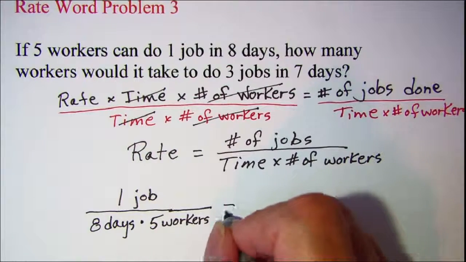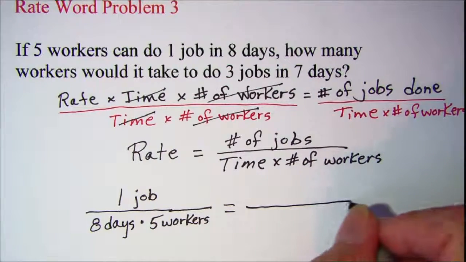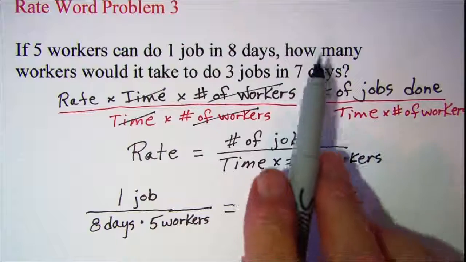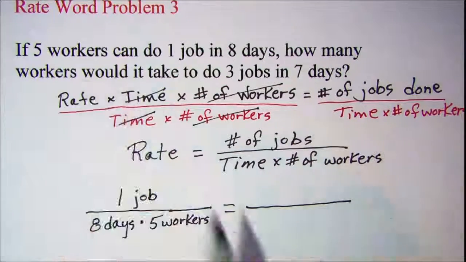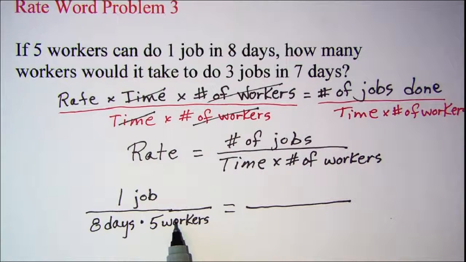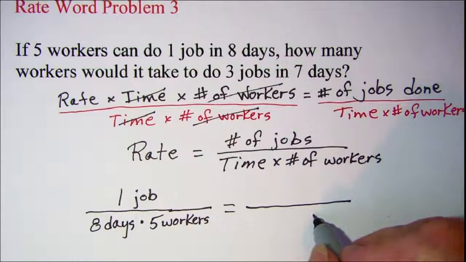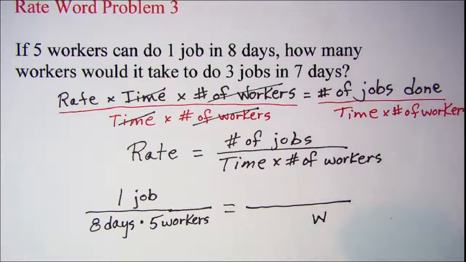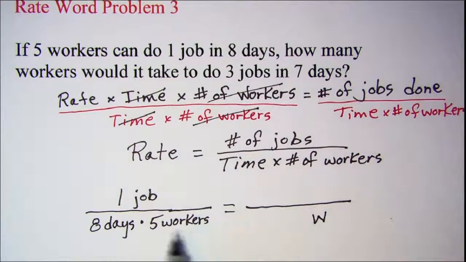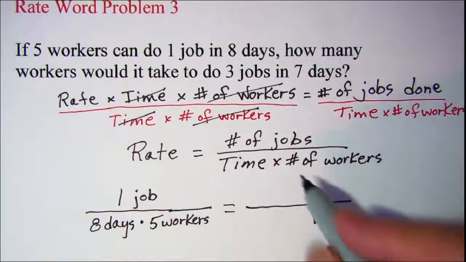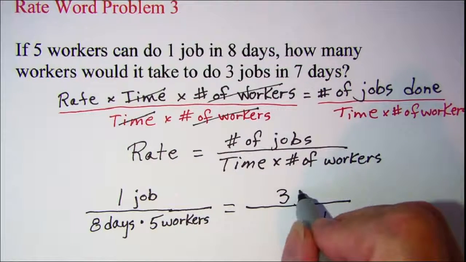Now we're making the assumption that the rates are the same. So the second part of the sentence says how many workers. So we're looking for the number of workers. Let's let that be W. Would it take to do 3 jobs? All right, jobs go in the numerator, so I have 3 jobs this time.